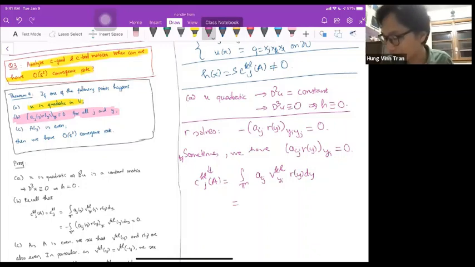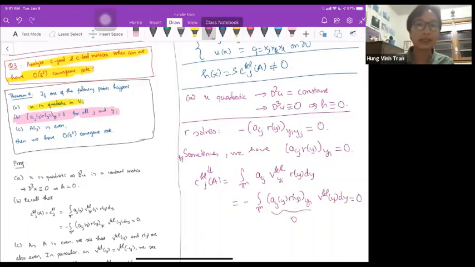So I kick the derivatives to the other term: R_y, y_i, V_KL, dy, and this is equal to 0. So if this is the case, the matrix A is always good. This is very simple, but it turns out that a lot of cases hold in this setting.